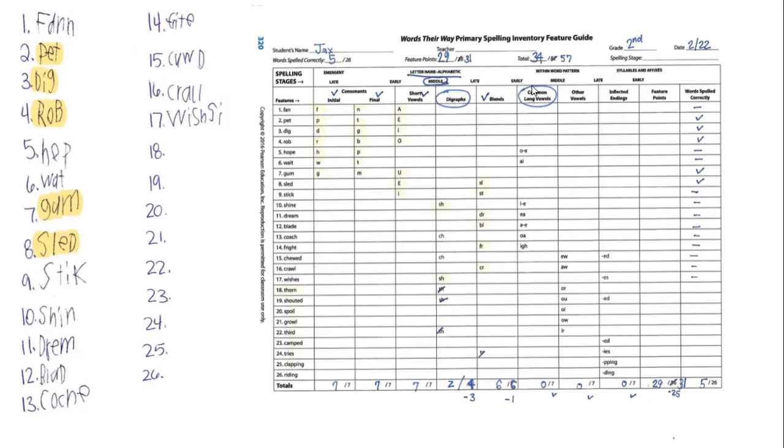And so this is where we need to be careful with placing him in a small group in this middle stage, and him being pretty ready pretty quickly to move on into a more advanced group that focuses on common long vowels in the within word pattern stages.